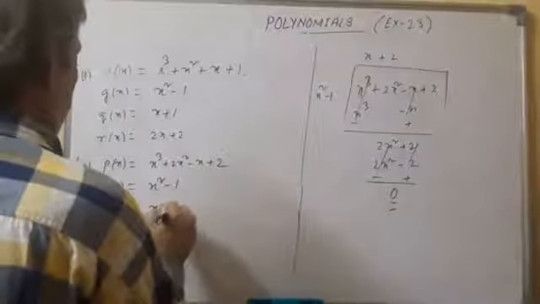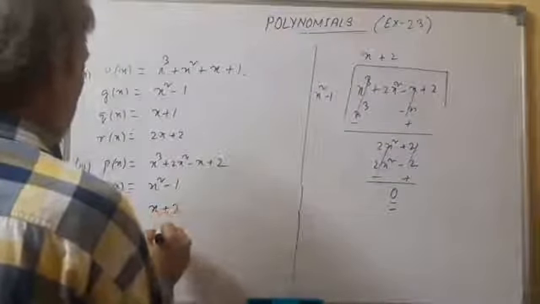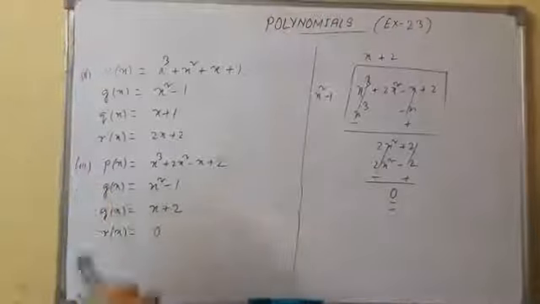So we are getting q(x) equals x + 2 and remainder equals 0.